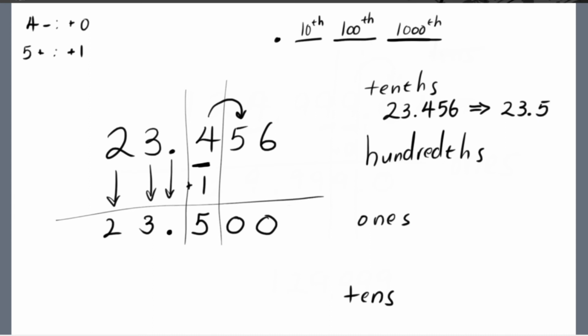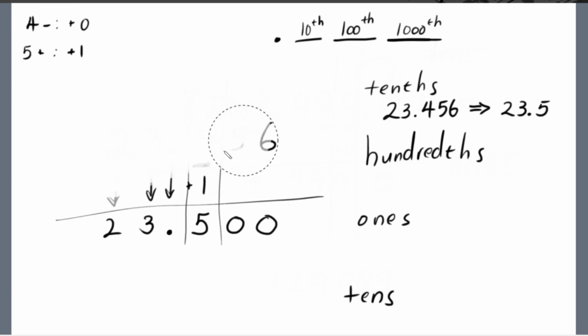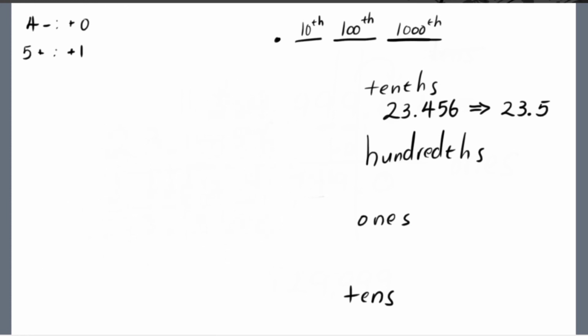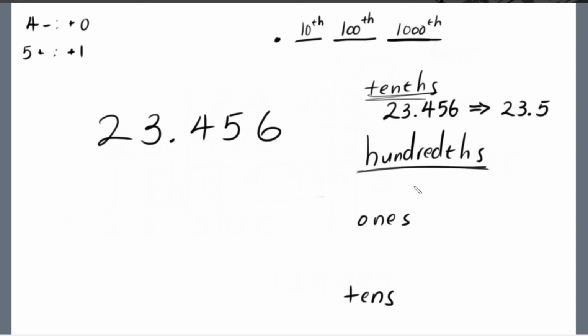Now let's say we're rounding to the nearest hundredths. I'm going to write it out again, 23 and 456 thousandths. If I'm rounding to the nearest hundredths this time, I have to underline the hundredths place. I'm still going to look at the neighbor, and I notice that this 6 is 5 and above.